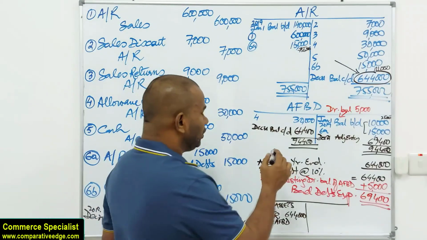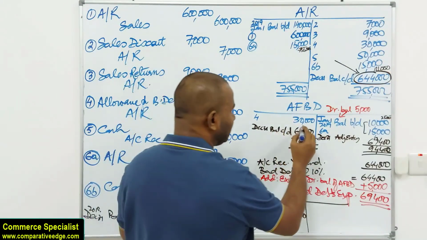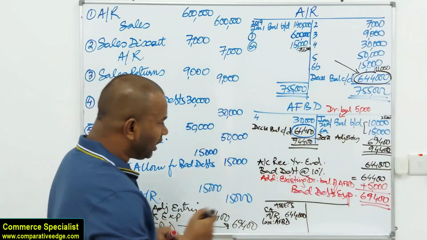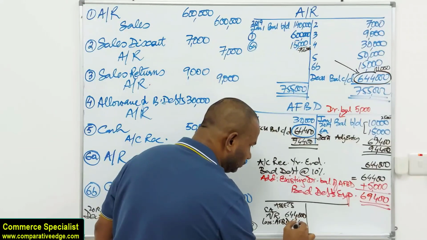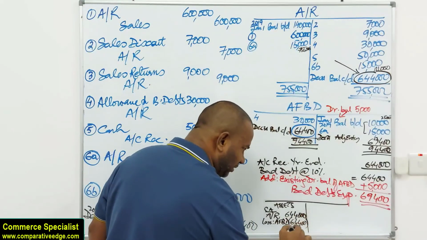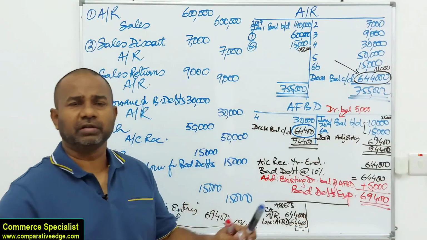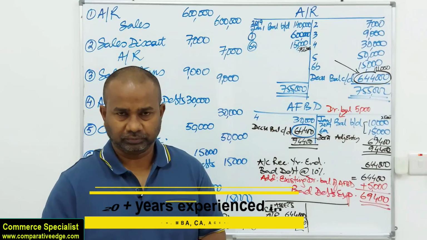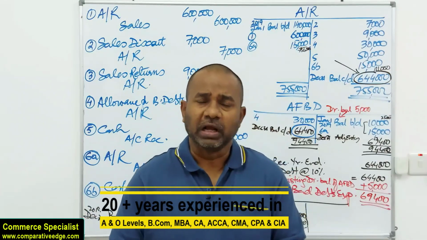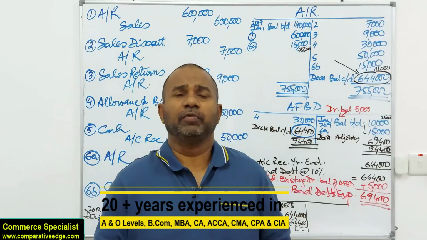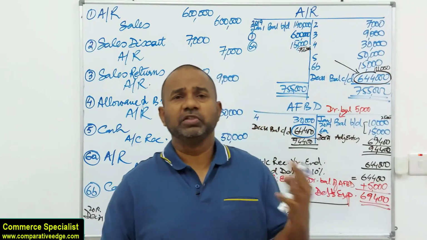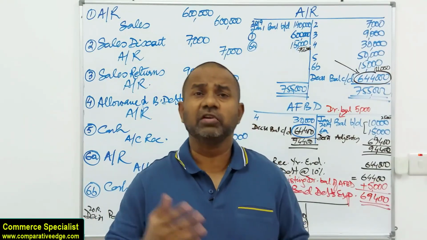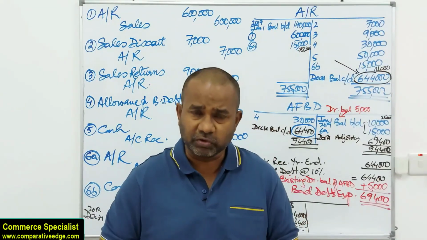The closing balance, which is here, after giving the adjusting entry, which is 64,400. Subtract whatever comes, you write it here, and that's it. That's the balance sheet extract. So ladies and gentlemen, it was all about accounting for receivables: the two different approaches used to calculate bad debts, the balance sheet approach, the income statement approach, the ledger entries, the adjusting entries, the ledger accounts, the statement of financial position extracts.